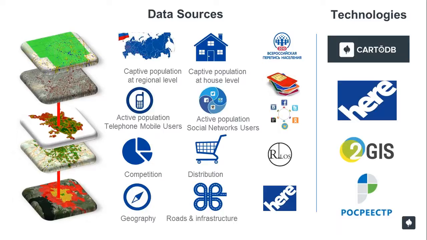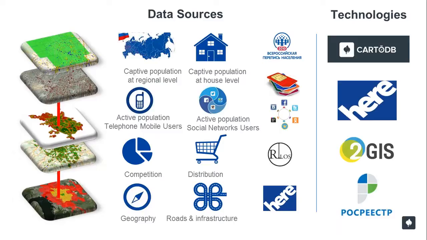I've given in the presentation some examples of sources that we can see here regarding what information is important for our studies and calculations, whether that be about the population that lives permanently in specific regions, whether there's going to be active population based on mobile phone users, whether there's going to be a competition database, whether there's going to be road networks, and so on and so on.